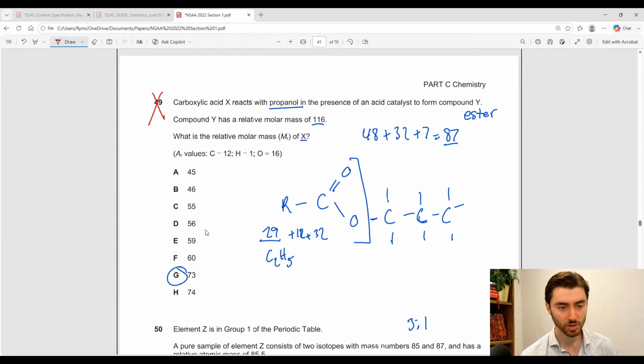49, I got wrong as well. 49 is actually H, so I was off by 1 because I forgot to add the hydrogen back. That was really stupid. I forgot to add the hydrogen back for the carboxylic acid.